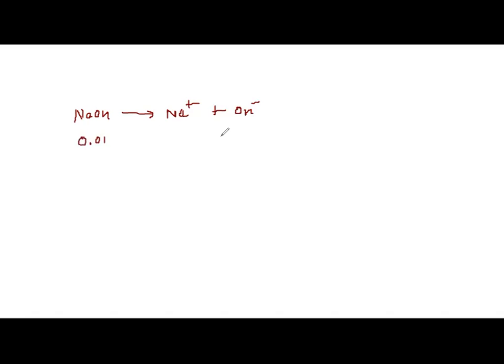If this is there, then I will have 0.01 molar of OH-, 0.01 molar of Na+, correct? I am not worried about Na+. I want OH-. Therefore, I can say OH- ion concentration is equal to 0.01 molar.